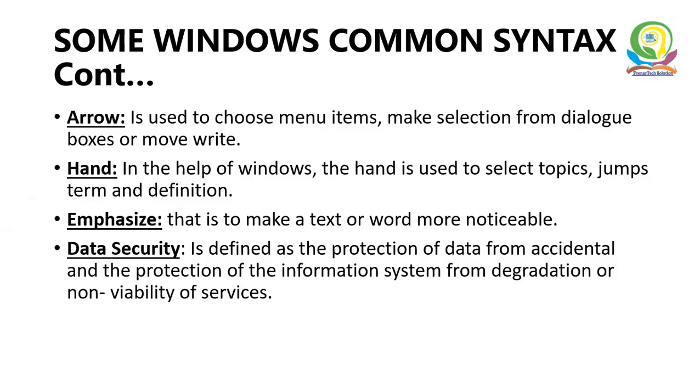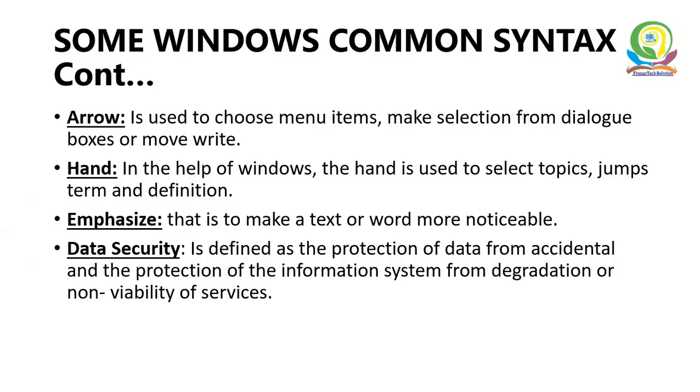Hand, in the help of Windows. The hand is used to select topics, jump terms, and definitions. So when you want to select any information, sometimes you get to a dialog box, the pointer will change to a hand, and that is what is used to select those topics and the jump terms.